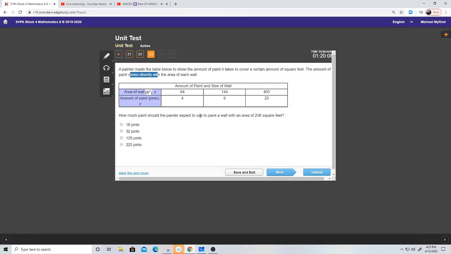This is another eyeball problem. This is one of those problems you don't really have to do any math for. I think we talked about this prior to your last test, sir. If 4 is 64, right? 9 is 144. All we got to do is get to 256, right? And 25 is 400.